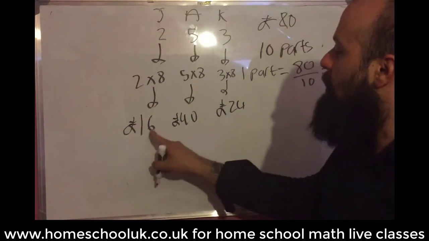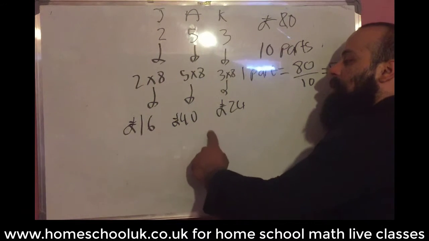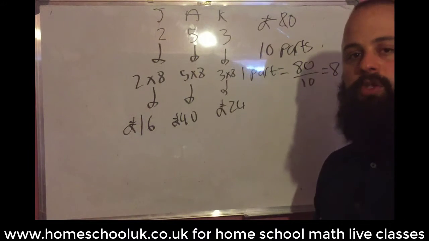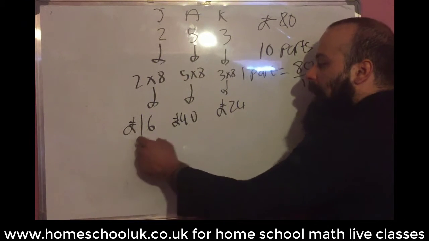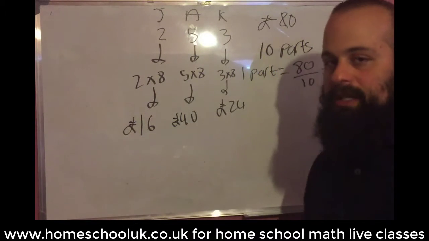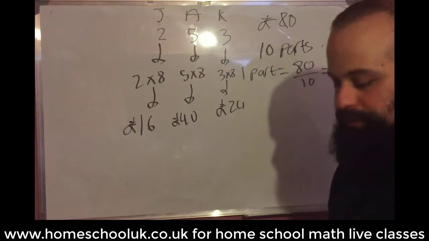So that is how much each person gets. And if you add up all the sections together, you get £80, because the number's not changing. Everybody's getting an equal part. Doesn't mean that the £80 suddenly vanishes. Each person gets a specific part.